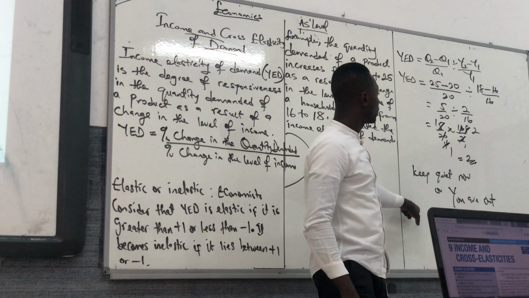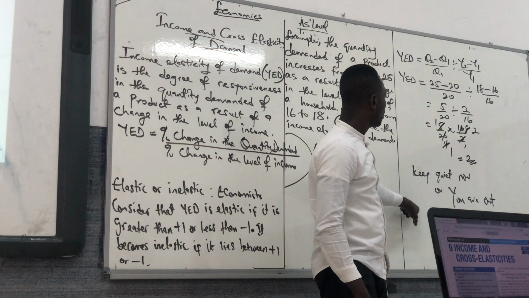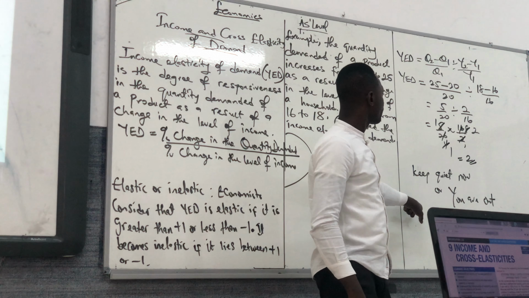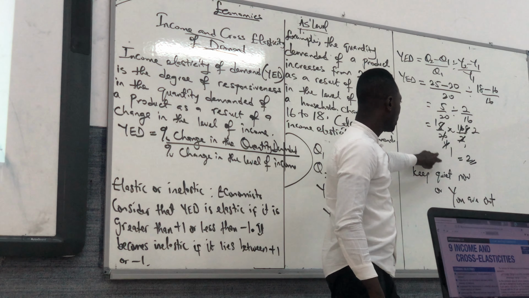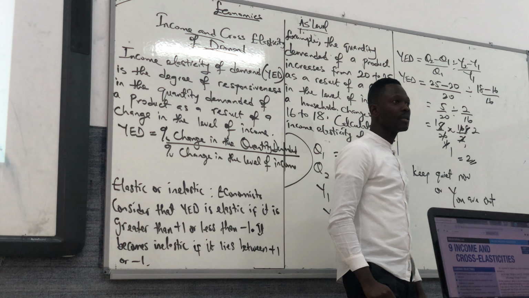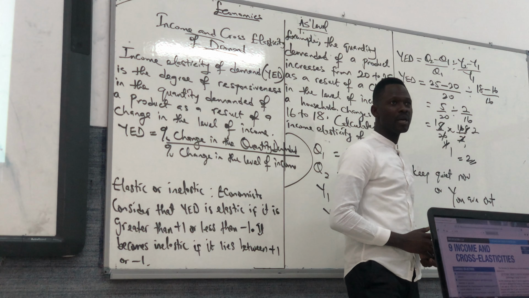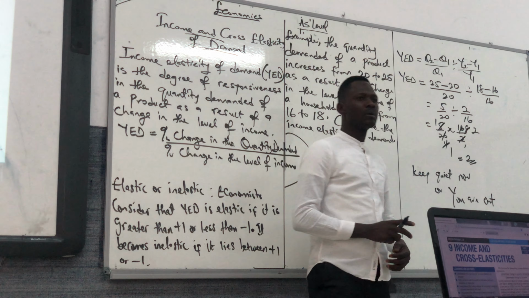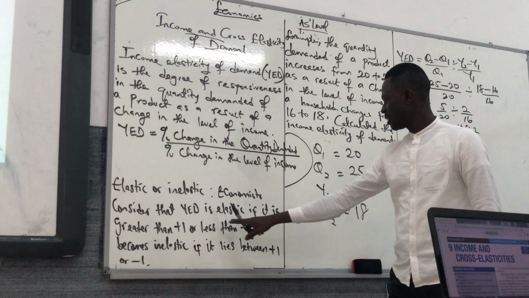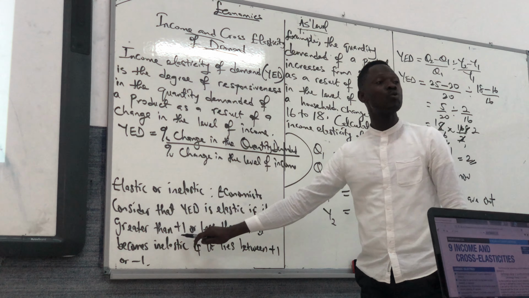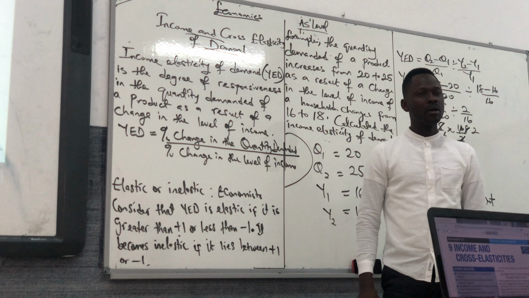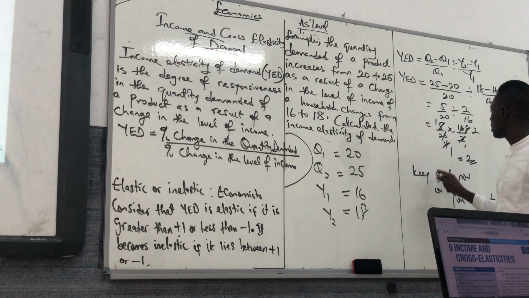From here, we get 2. Is it elastic or inelastic? Is it clear? Any question about it? It is elastic. We said it is elastic if it is greater than 1 or less than minus 1, and 2 is greater than 1.